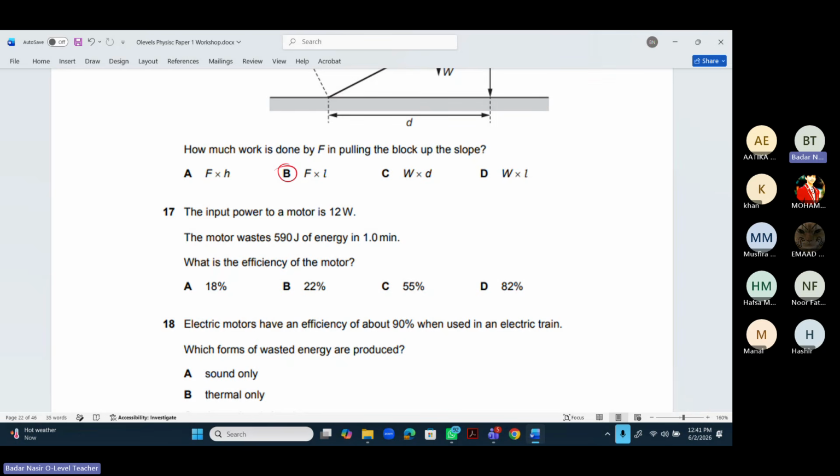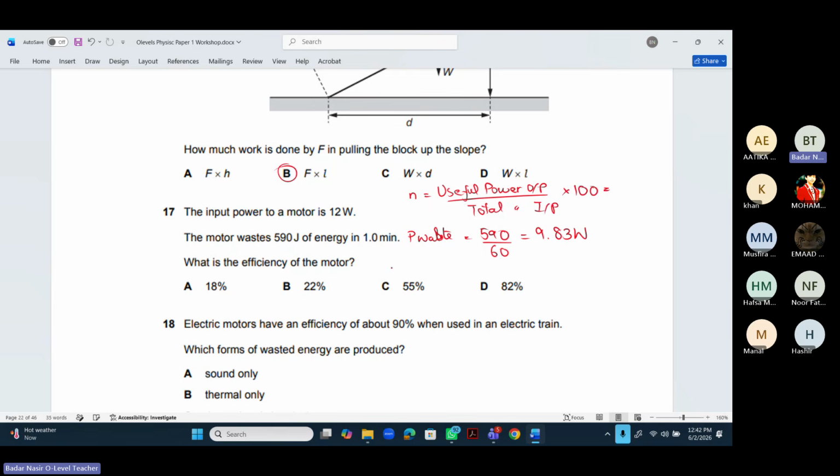Okay, so the power wasted: power is energy over time, which is 590 over 60, is 9.83 watt. The efficiency formula is useful power output over total power input times 100.